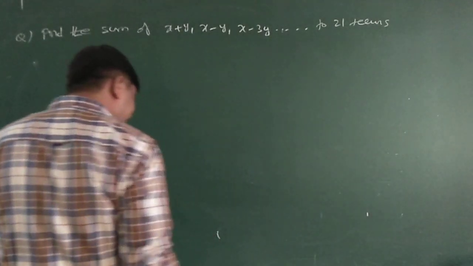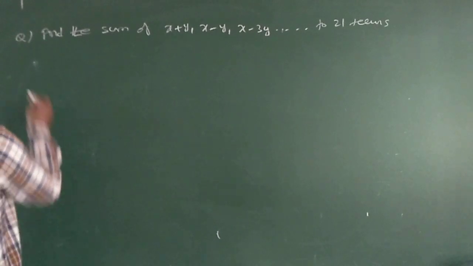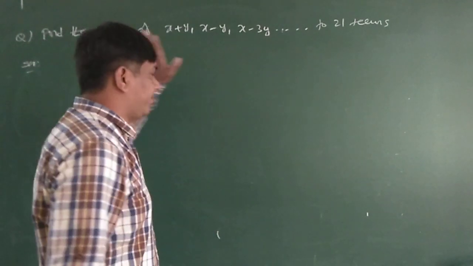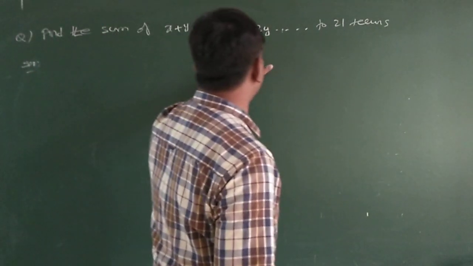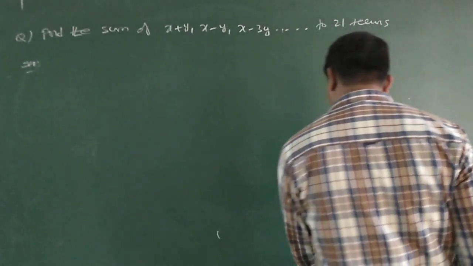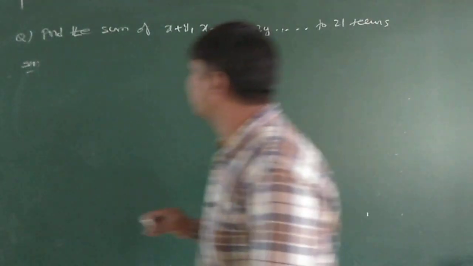Up to 21 terms or 22 terms, whatever they given. So here the sequence is an AP. Find the sum of x plus y, x minus y, x minus 3y up to 21 terms of an AP. These are all sequences in AP only.